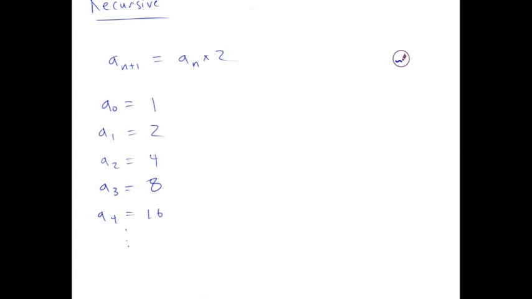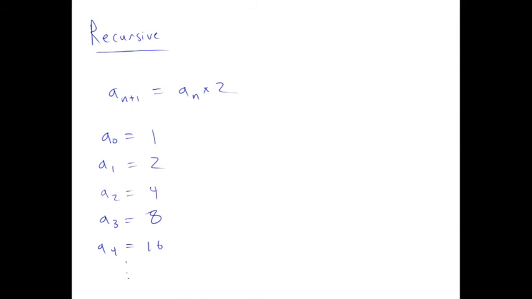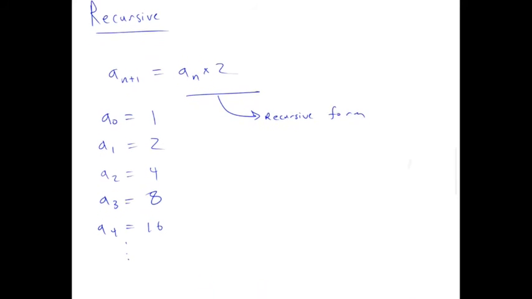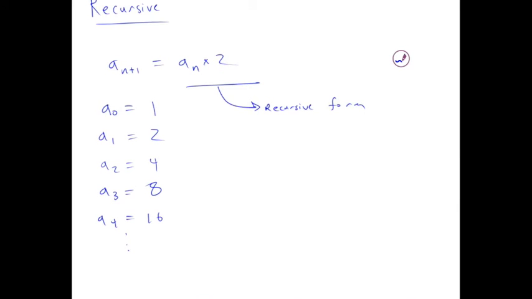So we could write this in its explicit form. This is the recursive form. If you want to write this in its explicit form, it would be a sub n equals a0 times 2 to the nth power. And we know a0 is 1.